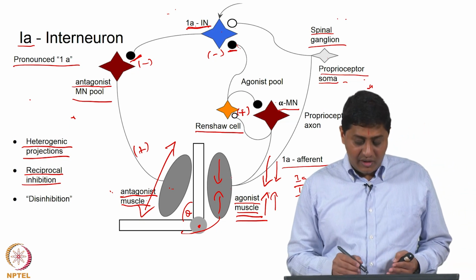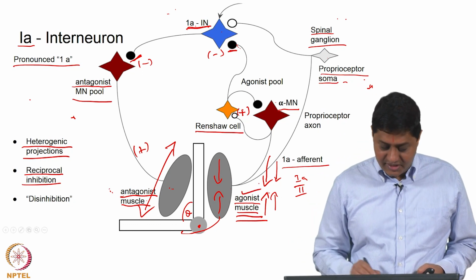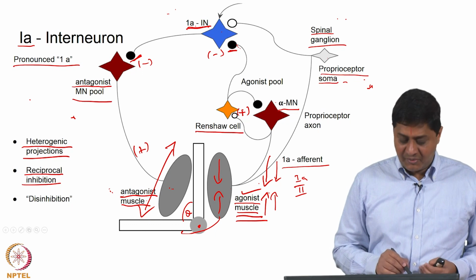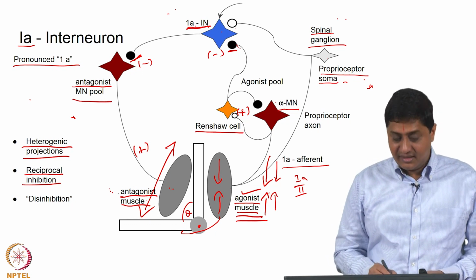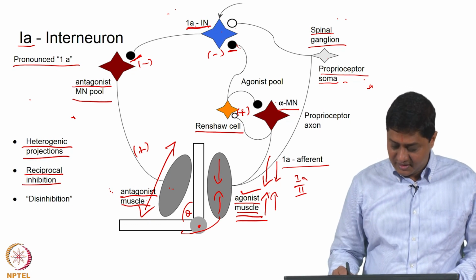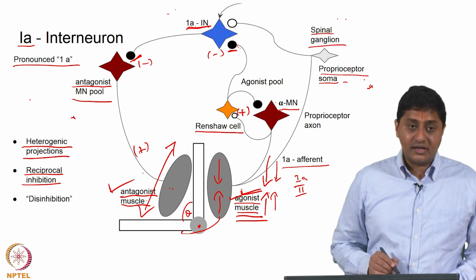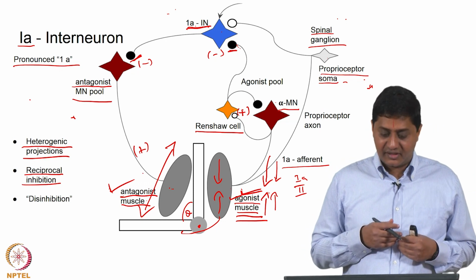I want to increase the probability that the antagonist will also contract, so as to balance the contraction provided by the agonist. So as soon as this agonist is contracting, I want to contract the antagonist, or at least increase the probability that it will contract, right.